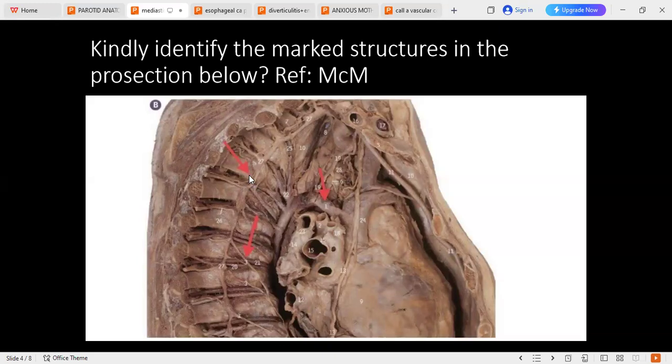Could you please identify this structure here? These are the posterior intercostal arteries. And number 3? Number 3 is the greater splanchnic nerve, a branch of the sympathetic trunk. The sympathetic chain is very important.